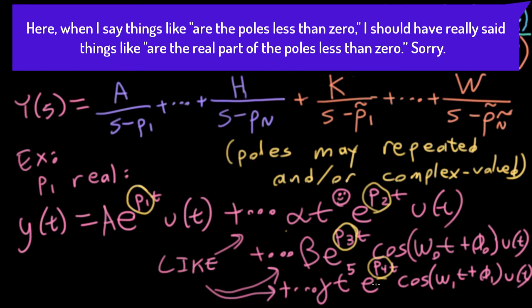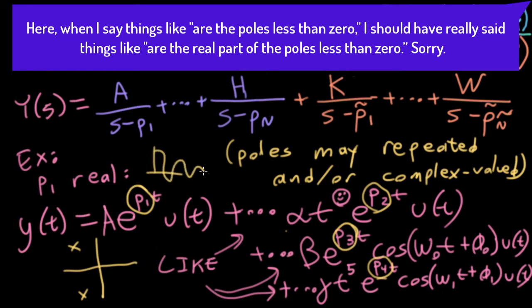So one of the key ideas here has to do with the sign of these poles. Are the poles bigger than, equal to, or less than 0? And the reason that's important is that if the poles are less than 0, meaning that we can think of the general signal poles of this output function as being on the left-hand side of the Laplace plane, then those correspond to decaying exponentials.